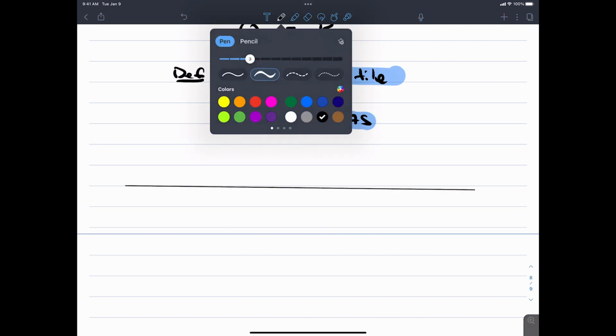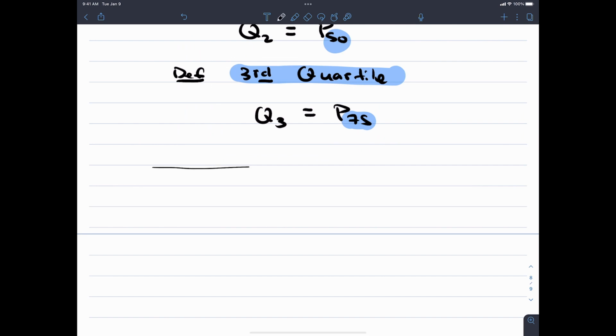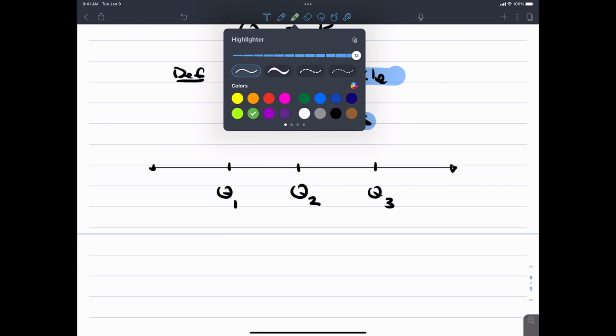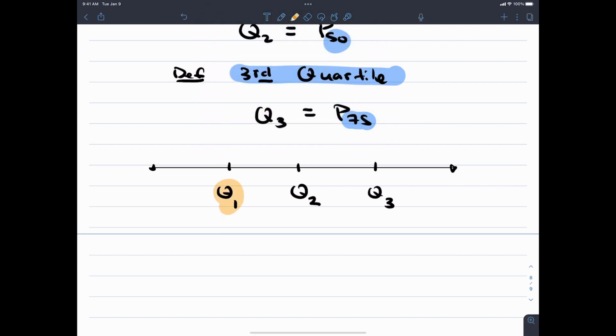You say, what do you mean? Let me draw a picture. So, you have a real number line, by the way. And right in the middle, you got Q2. To the left, you have Q1. And to the right, you have Q what? 3. So here's my point to you.